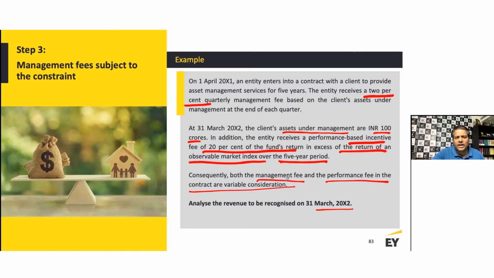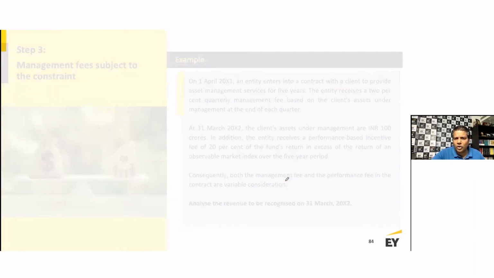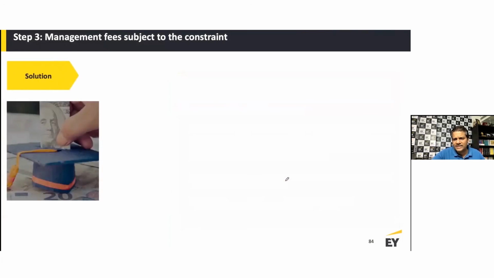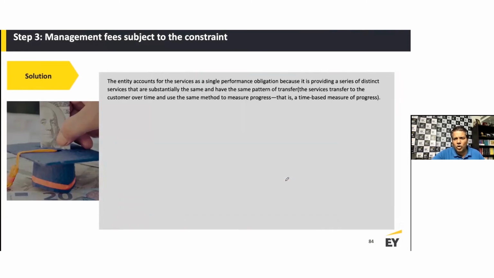You have to determine how much revenue I need to record, right? And that's where the whole analysis suggests that, because there is a continuous amount of variability, with an external market factor over which you have little or no control, you have to accrue revenue as you go.